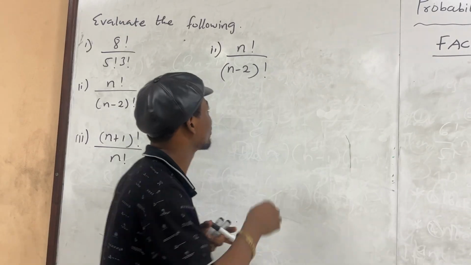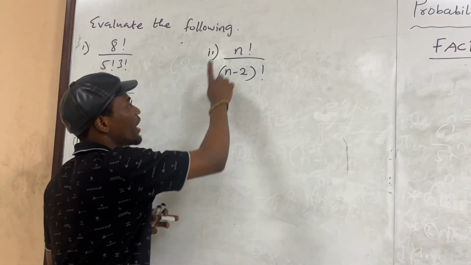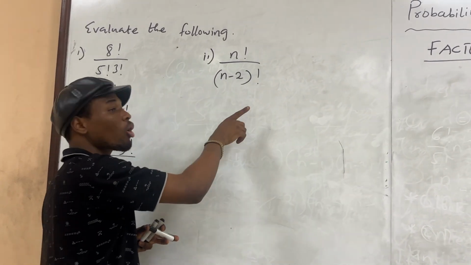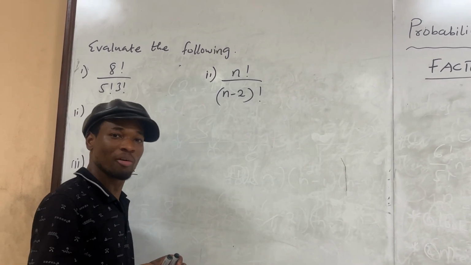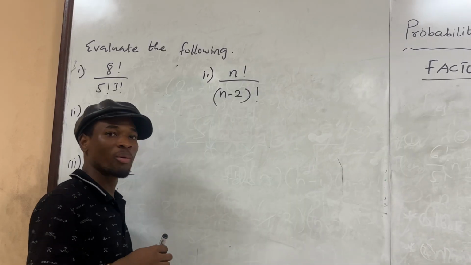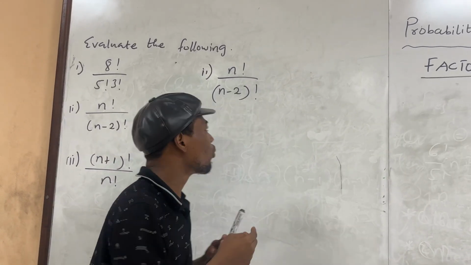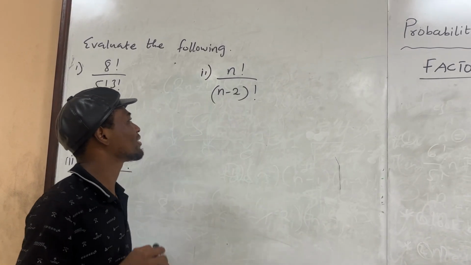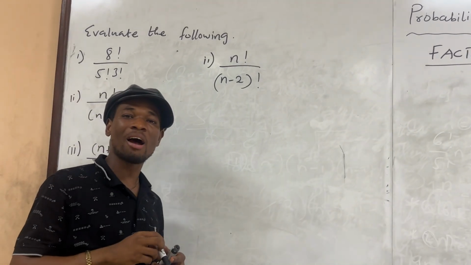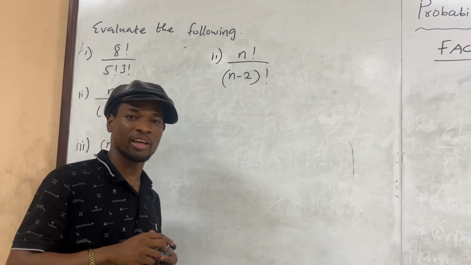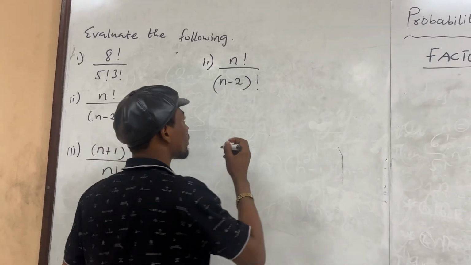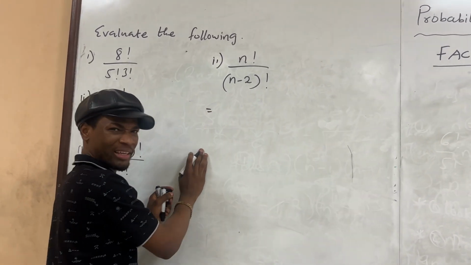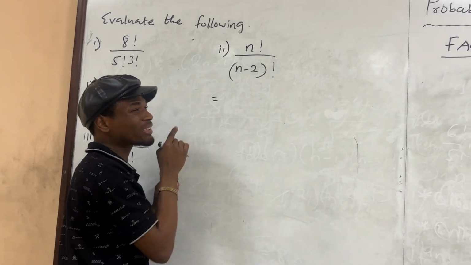Let's work out the second question. Okay, viewers. So the second question reads n factorial all over the expression n minus 2 factorial. So viewers, now you'll be wondering which one is the one with the higher factorial expression. Okay, let's work out one or two steps over here. You ask yourself, n factorial, what can I do there?